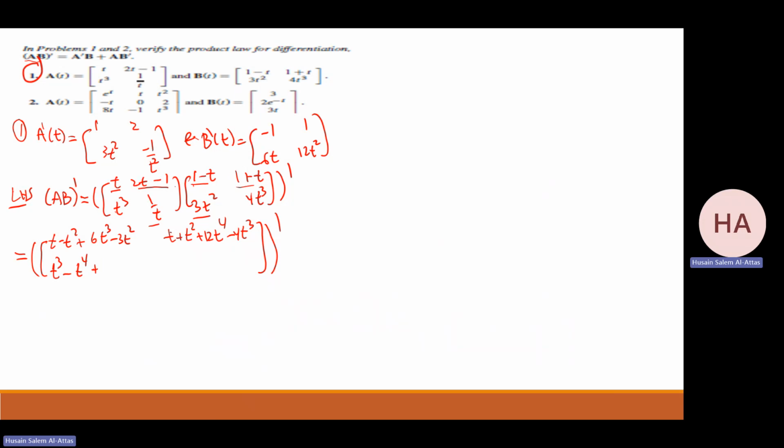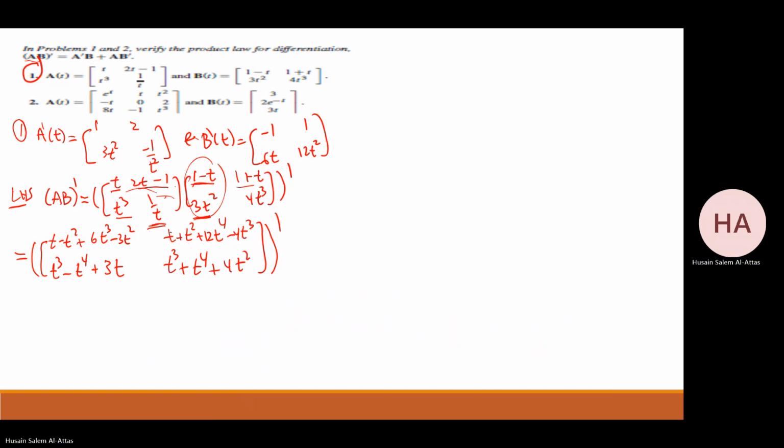Multiply this row by this column, so it will be plus 3t. This element by this element, and this element by this element. I multiply the row by the column. That will be t cubed plus t to the power 4, then this times that plus 4t squared.